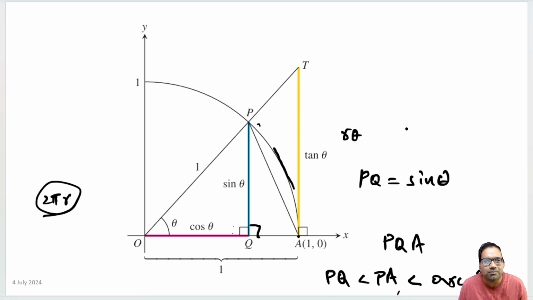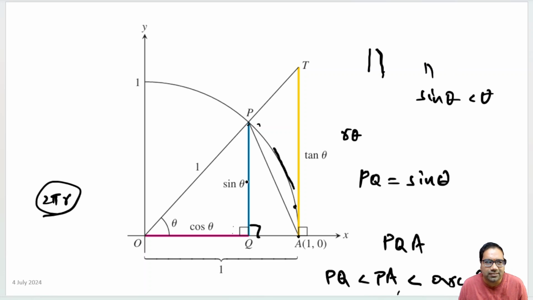Now what is our PQ? PQ is sin theta, and what is our arc? Arc is theta. So sin theta is always lesser than theta. Naturally, if P moves here, then the difference increases, since PA is a straight line and this is a curve. When P comes closer and closer to this side, that means when theta becomes smaller and smaller, it is a comparison between a line and a small curve like this.